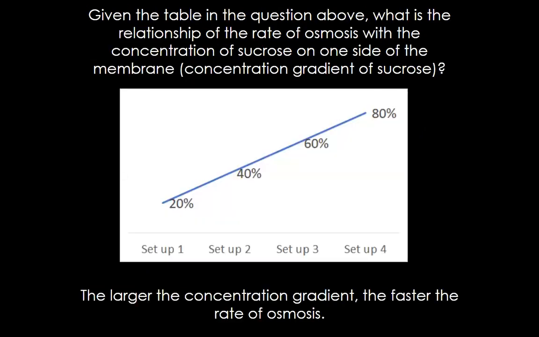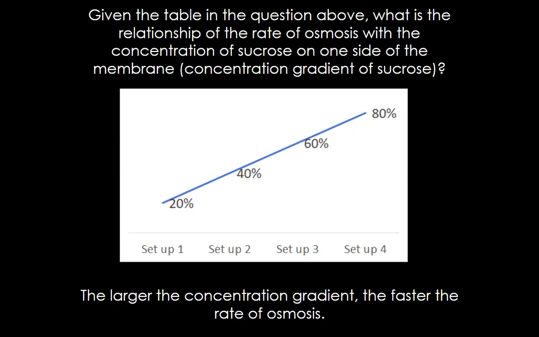So given the table in the question above, what is the relationship of the rate of osmosis with the concentration of sucrose on one side of the membrane? So as you can see, if you actually plot the change in weight of the different setups for the first four setups, you can see that the higher the concentration difference, the higher the change in weight, and thus the faster the rate of osmosis.